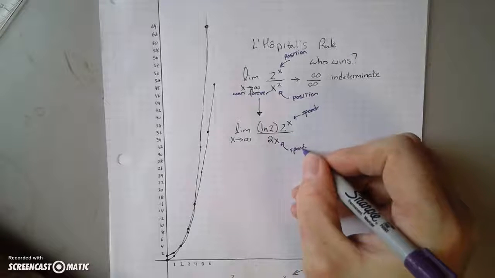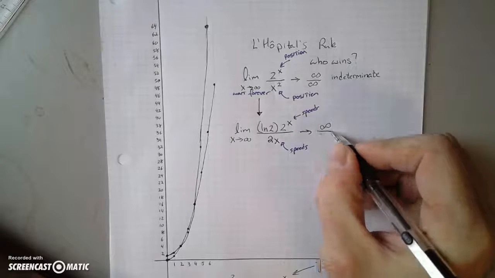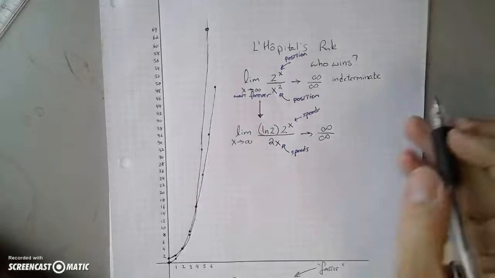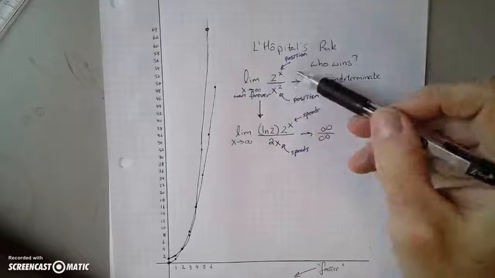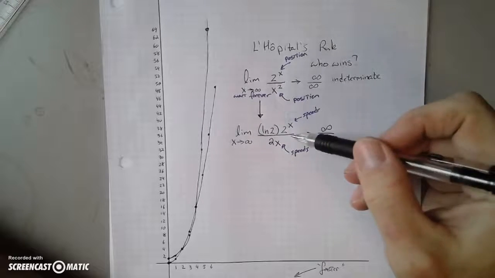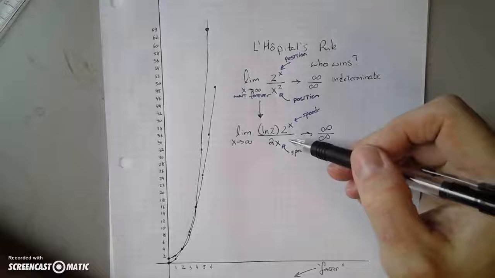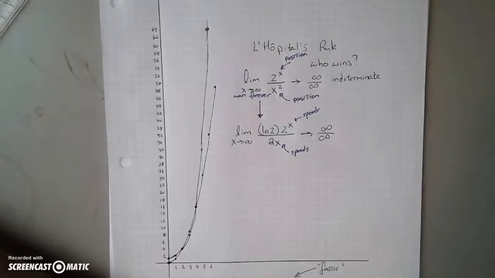Being a little sloppy with the difference. Now, unfortunately, this is still infinity over infinity: as x goes to infinity, 2 to the x goes to infinity, and so does 2x. So, what can we say here? Well, if you wait forever, they get arbitrarily far away. And if you wait forever, their speeds are arbitrarily high. Alright, so that doesn't tell us anything.